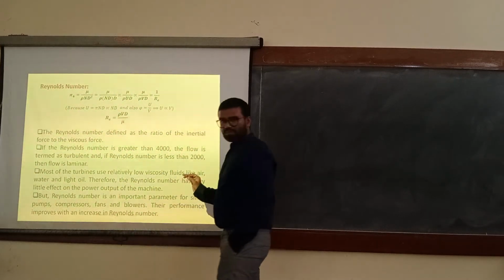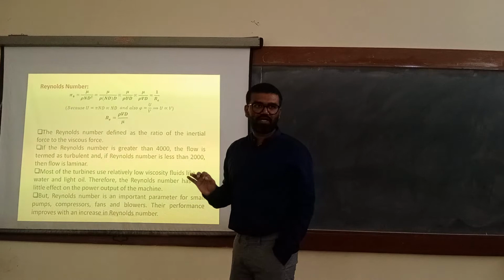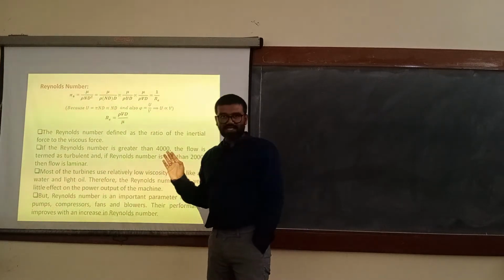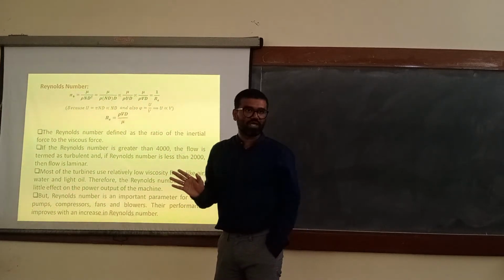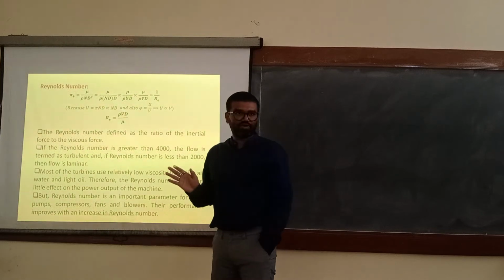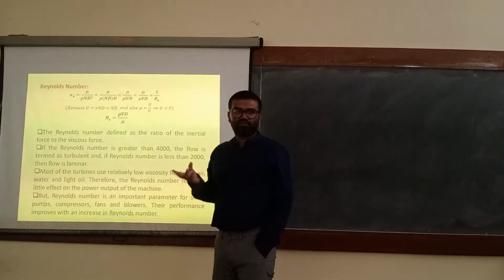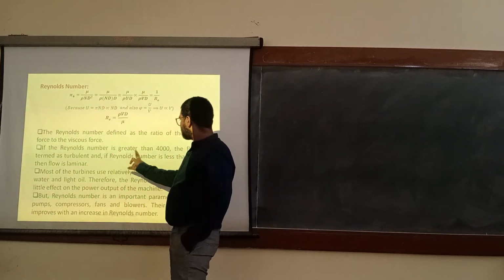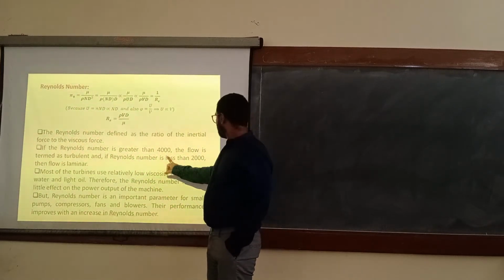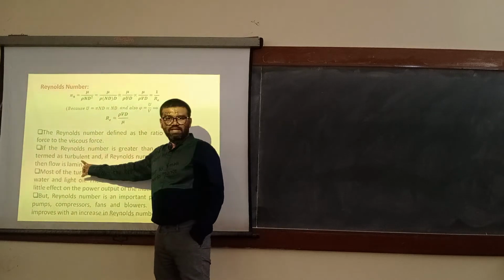This Reynolds number is one of the dimensionless parameters from which we classify the nature of fluid flow. We can classify the nature of fluid flow into two types, that is turbulent flow and laminar flow. If the Reynolds number is greater than 4000, then the flow is termed as turbulent.